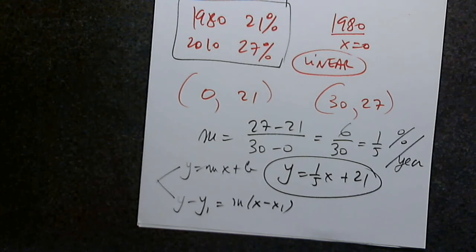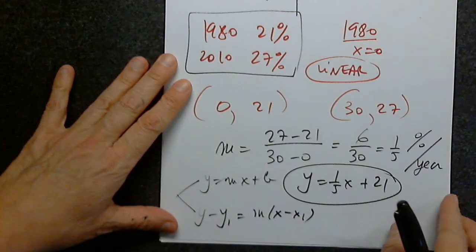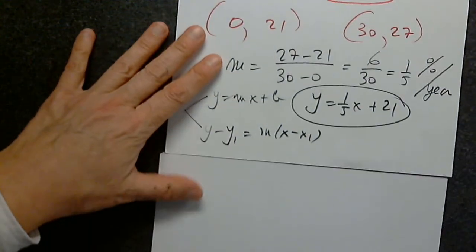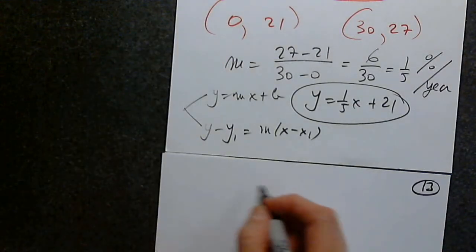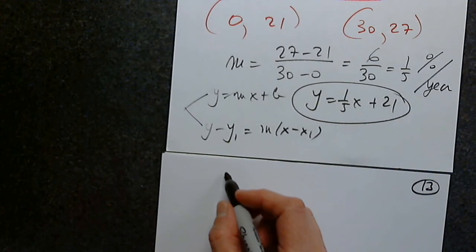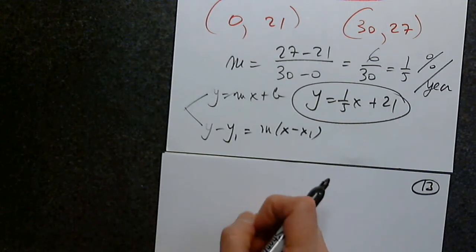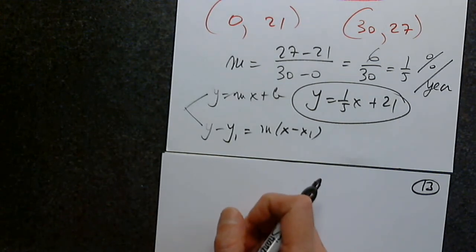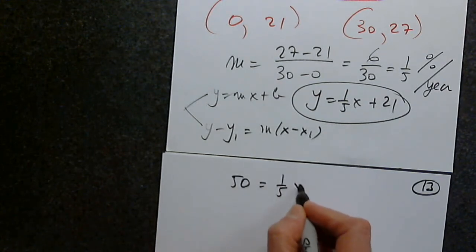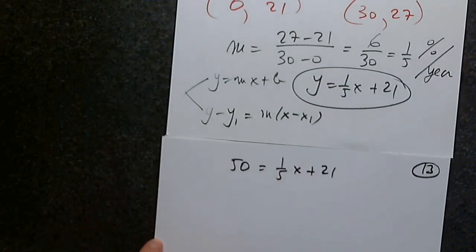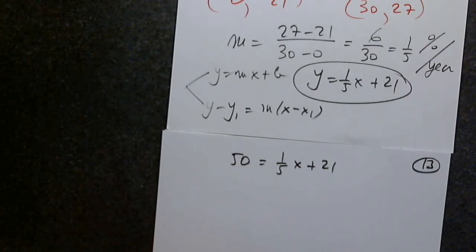Now, we're asked to find in which year the percentage was 50. What am I asked to do now? Plug in 50. Yes, for which one? Not for x. 50% is not the time. 50% is the y. So yes, 50 equals 1/5 x plus 21. Is that clear, everyone? Perfect.